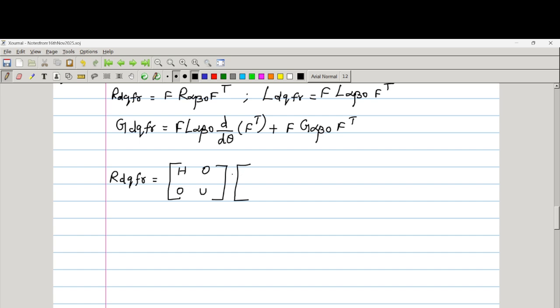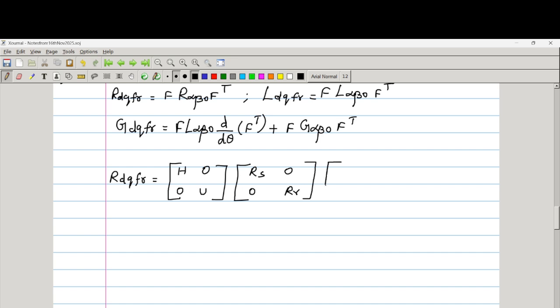That means we have a 6 cross 6 matrix, and we are converting that into a 2 cross 2 matrix. Accordingly, the resistance matrix will be RS 0 0 RR, the rotor resistance. You should remember H is also a 3 cross 3 matrix, U is also a 3 cross 3 matrix. Similarly, RS is also a 3 cross 3 matrix, RR is also a 3 cross 3 matrix.